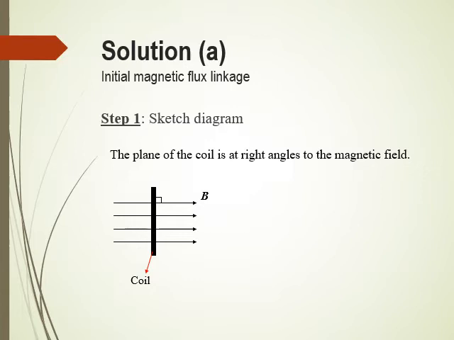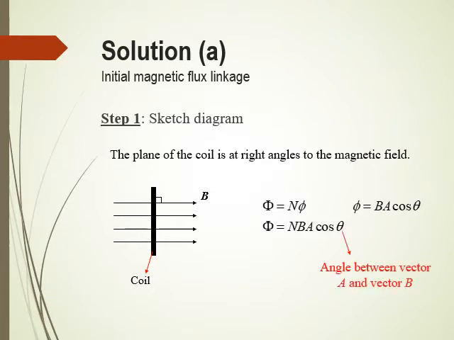In order to calculate magnetic flux linkage, the equation is N phi, where phi equals BA cos theta. So magnetic flux linkage equals NBA cos theta, where theta is the angle between vector A and vector B. Vector A is not the surface area of the coil, and it is not the cross-sectional area of the coil.